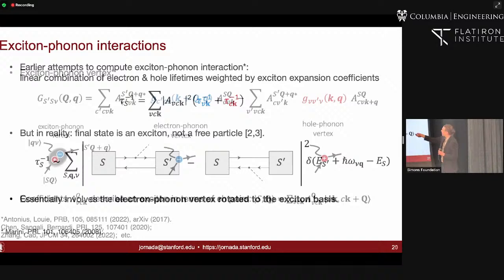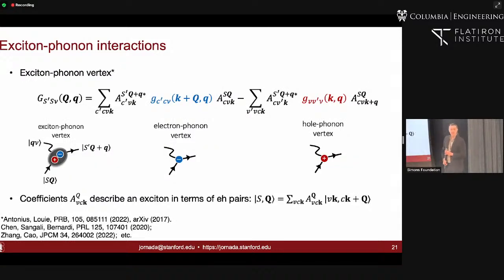If you denote by lowercase g the electron-phonon vertex, either between electron states or hole states, you can contract these with the exciton expansion coefficient A. And this is the way that you actually deduce this exciton-phonon vertex that is shown schematically here, that actually couples one initial exciton with principal quantum number S and wave vector q to a final state S prime at q plus lowercase q.